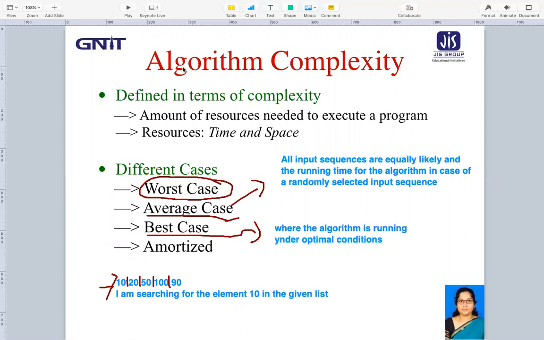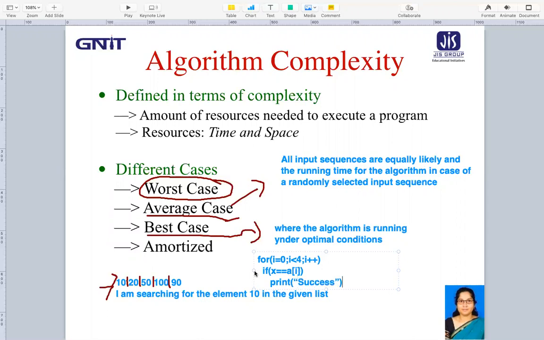So if I run a loop for i = 0, i < 4, i++, and if x, let x be equal to 10, equals a[i], then print success.